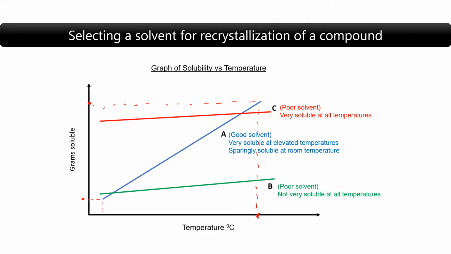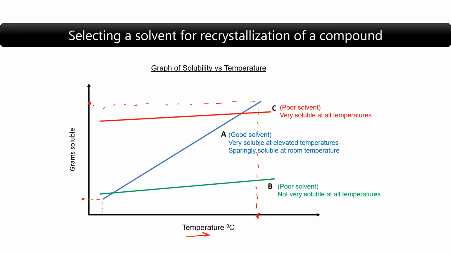So this blue line that has a steep and gradual increase for solubility of a particular compound in this solvent with the increase of the temperature would act as a good recrystallization solvent.